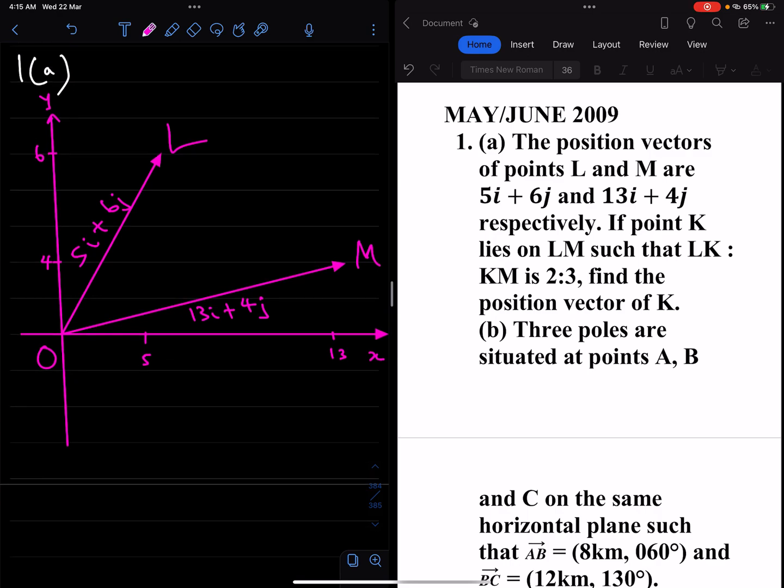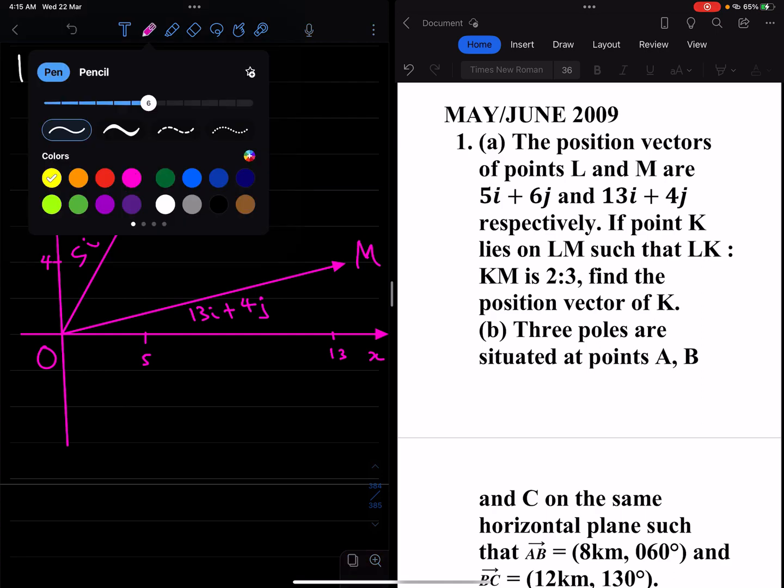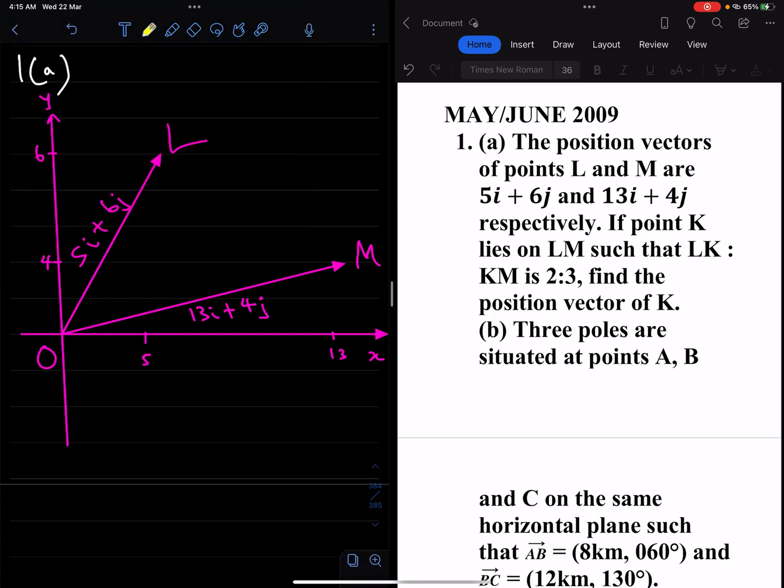If point K lies on LM such that the ratio LK to KM is 2 to 3, find the position vector of K. In other words, find the vector OK. Now, if this is LM, that's the vector LM. Now point K lies somewhere on LM.